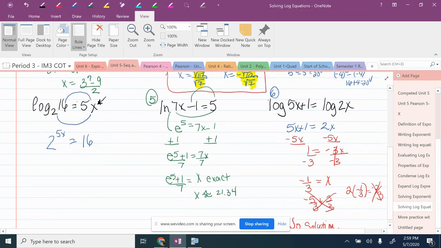And if you remember from the previous video, the technique to solve an exponential is to find a common base, and we can do that this time. And set the exponents equal to each other, and then solve for x.